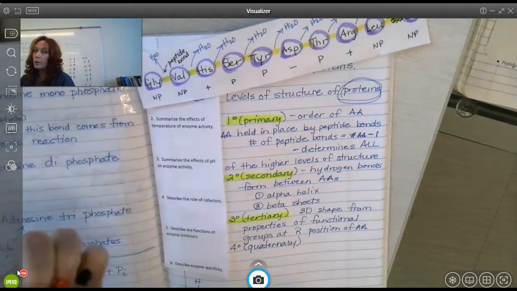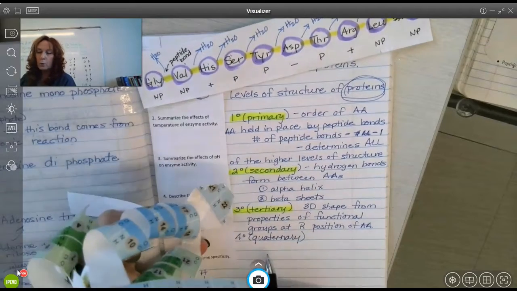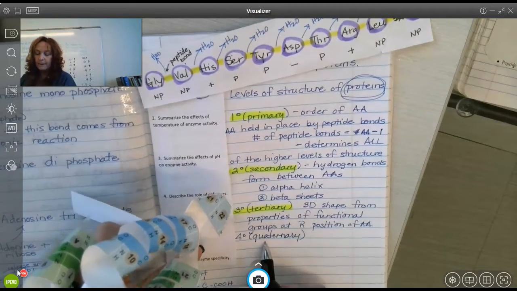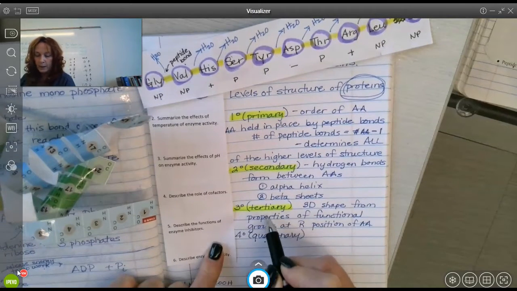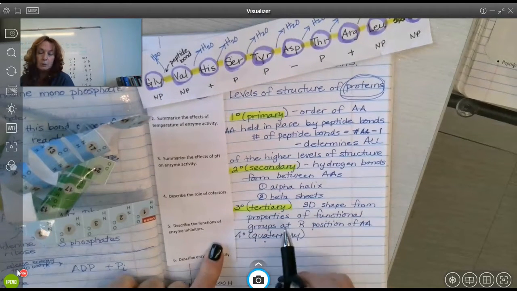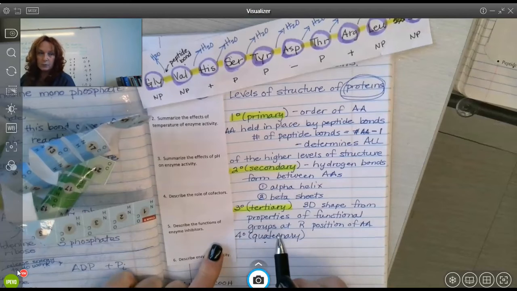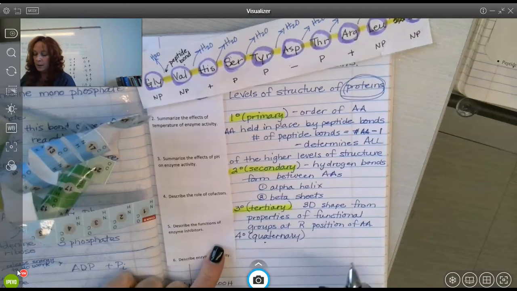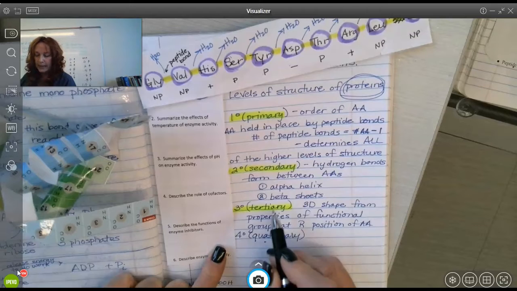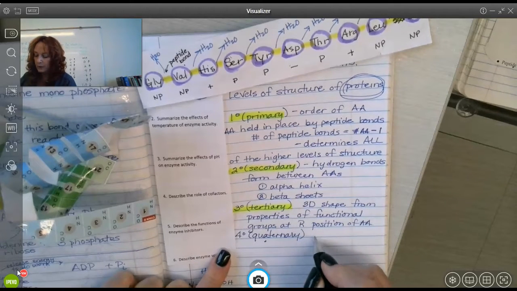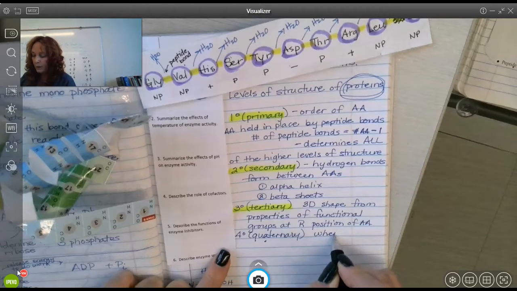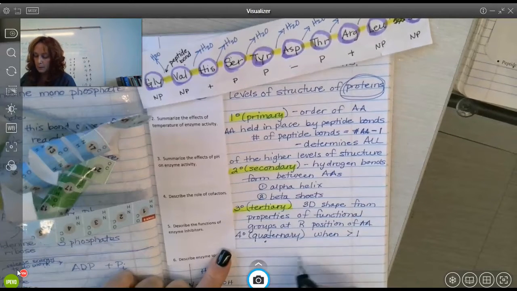When you have more than one polypeptide chain, you have quaternary structure that comes from taking the 3D folded-up one polypeptide, another 3D, it could be 4. There's a lot of tetramers out there, hemoglobin, that have 4 exact polypeptide chains put together that give this quaternary shape. So this is where you have more than one polypeptide.